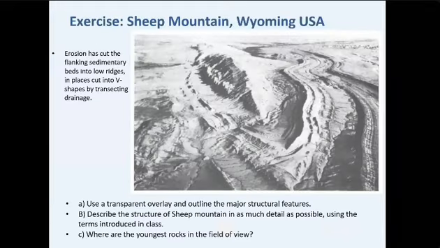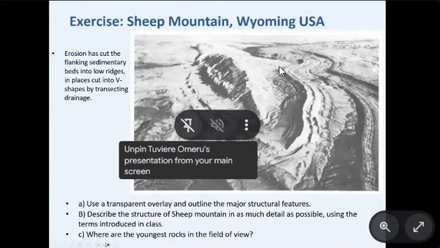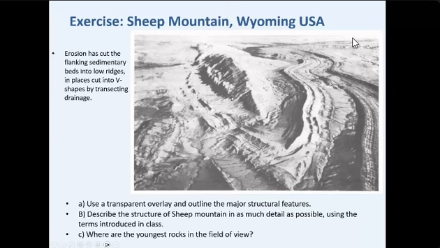And then I usually will give this sort of exercise. Can you all see this? Yes, sir. Usually I will give you this sort of exercise where this is called Sheep Mountain in Wyoming, in the United States.